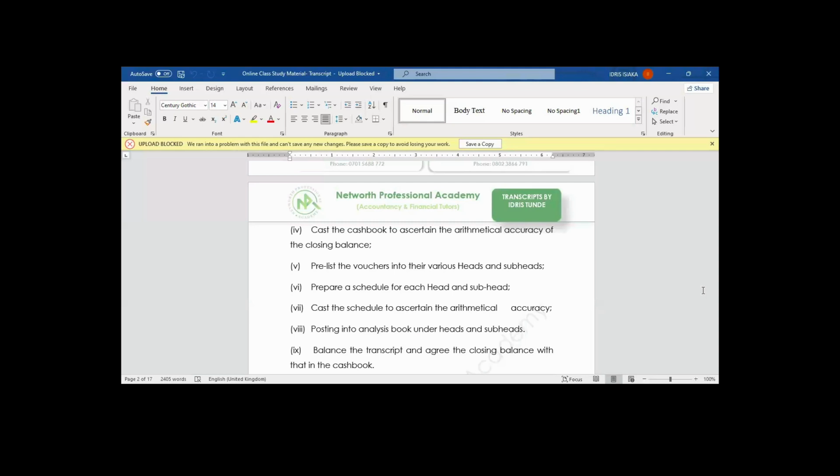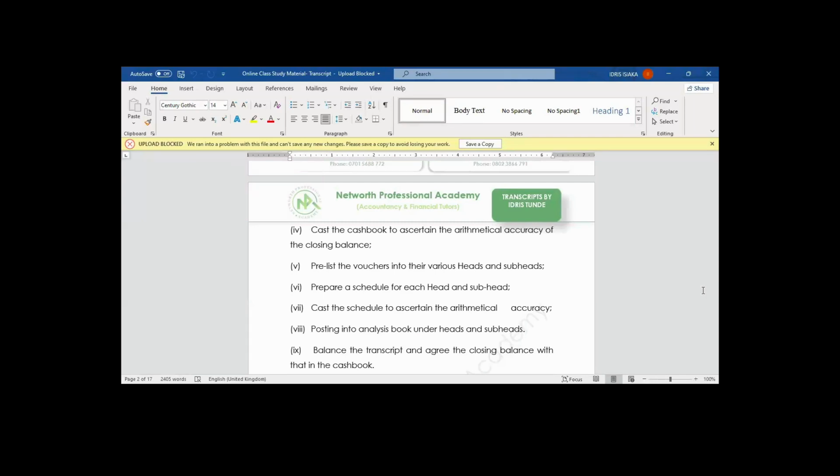So one of the steps in preparing transcript is to prepare a schedule for each of the heads and sub-heads. After you prepare that, you cast the schedule.